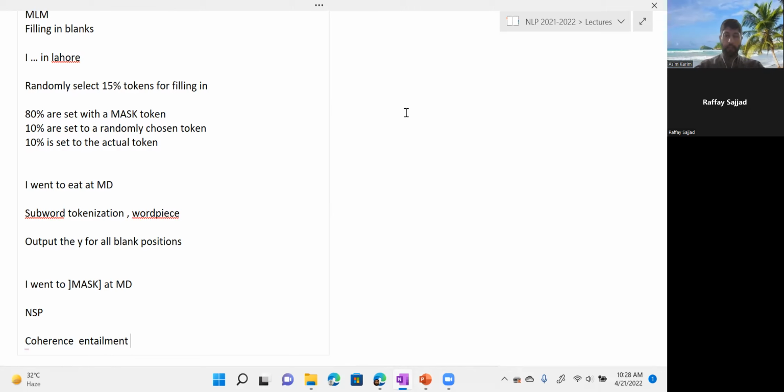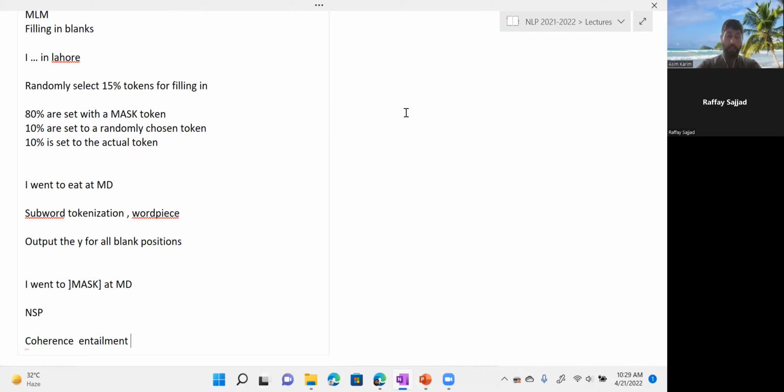Entailment essentially means that if you are given two sentences, we can say that the second sentence is entailed from the first sentence, meaning that it is derived from the first sentence, or the meaning of the second sentence can be derived directly from the first sentence. So that would be entailing. And of course, if it is not derivable from the first sentence, that means that it does not entail.